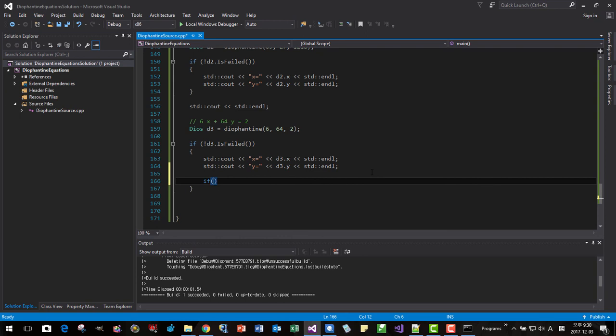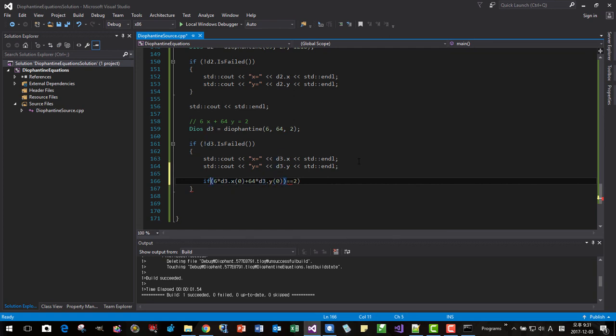If this is 6 times d3.x, it gives, for example, 0 plus 0, which means a specific solution. Then 64 times d3.y0, for example, if it is equal, it returns the GCD. If it is equal, then the solution is correct.